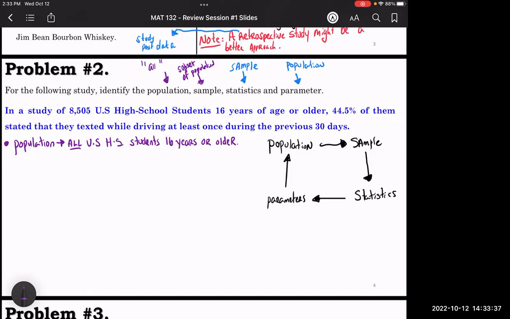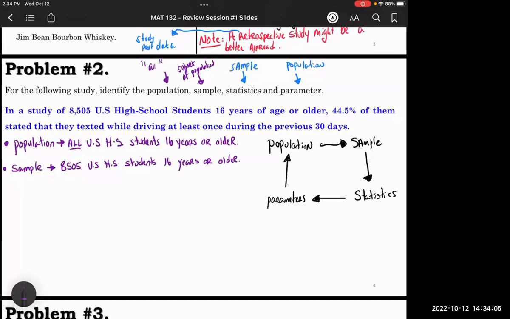So if the population is all of the US high school students 16 years or older, the 8,505 is just a subset of it. So that would be it. So you say that your sample is 8,505 US high school students, 16 years or older.